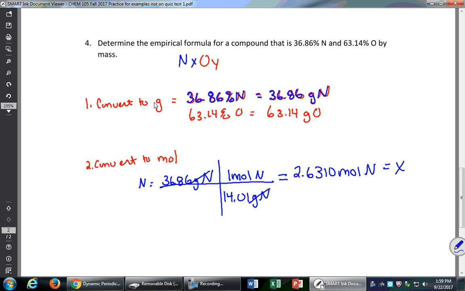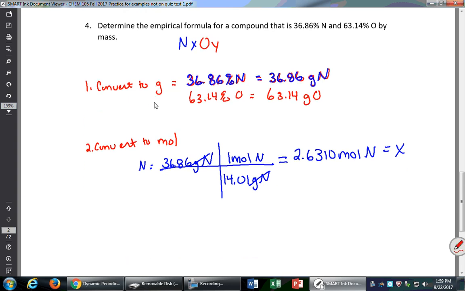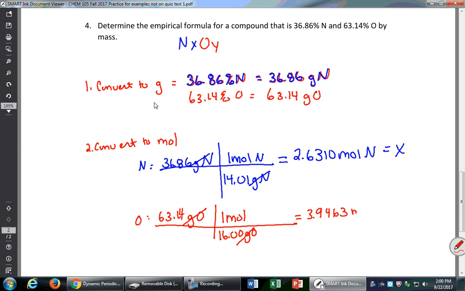We're going to do the same thing to oxygen, except it has a different molecular weight. Our molecular weight of oxygen is 16.00 grams oxygen equals 1 mole oxygen. Again, this is from the periodic table. I want grams oxygen at the bottom so they cancel out. So that gives me 3.9463 moles of oxygen. And that's my Y, or what I designated as Y at the top.